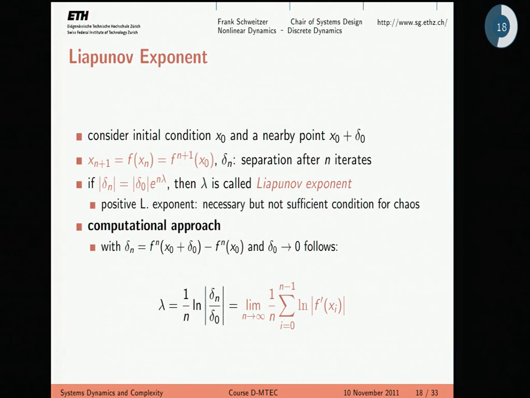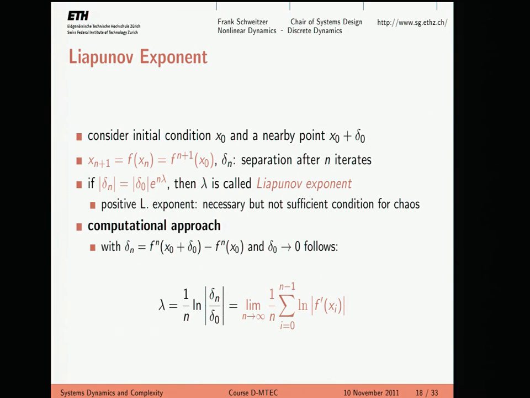The idea is the following. Let's see what happens if we introduce a little bit of uncertainty in our initial conditions. So we don't start at x0, but we start at x0 plus delta 0. Right? So delta 0 is, if you'd like, the amount of shock that you give the system.